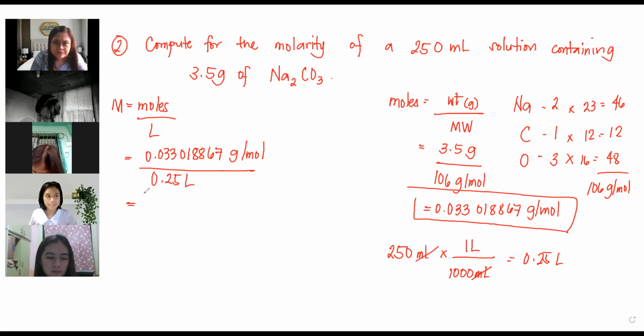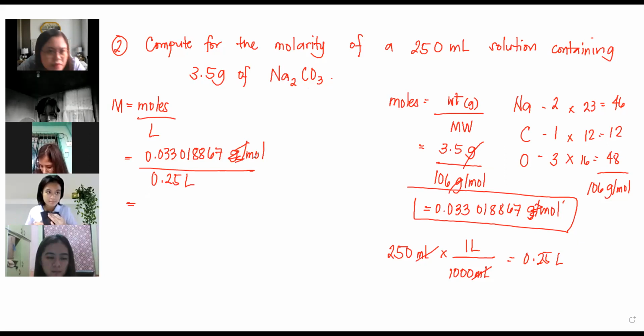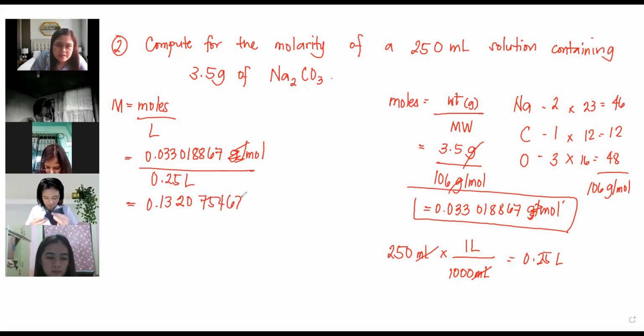So we have, let's cancel grams, only mole remains. 0.033018867 divided by 0.25 is 0.132075468 moles per liter.